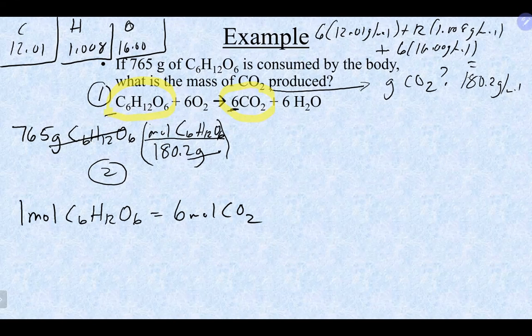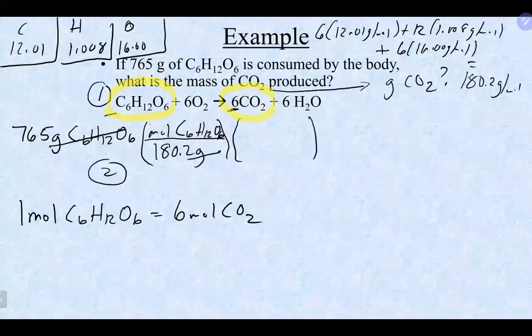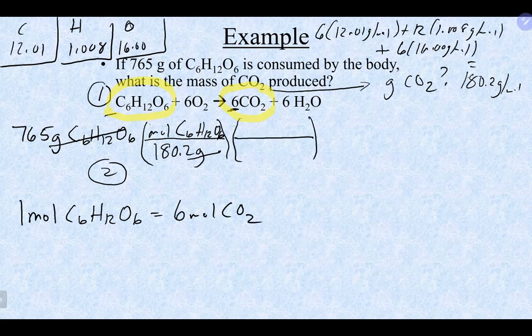Once again, we're really just going to use this as a conversion factor. So once we go into here, we're going to go opposite. We want to get rid of the C6H12O6, so that needs to go on the bottom. So 1 mole of C6H12O6. Up on top needs to go 6 moles of CO2.